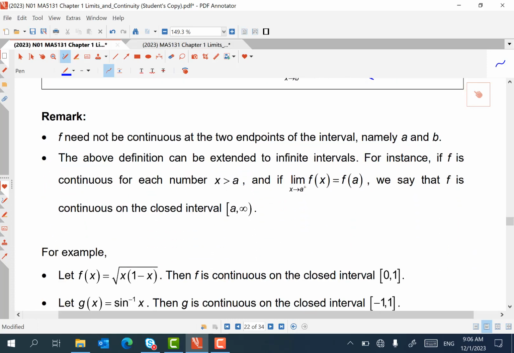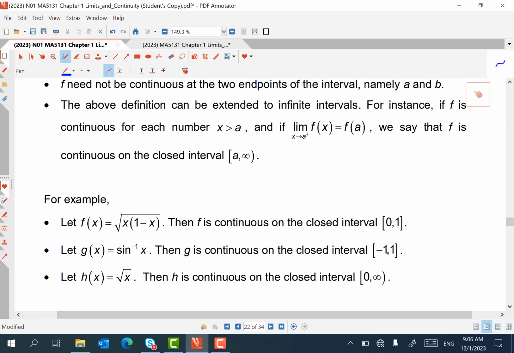Then there are some examples for you. Continuity on a closed interval. Someone asked before, do you realize this? Someone asked, hey, Mr. Lim, why is this?